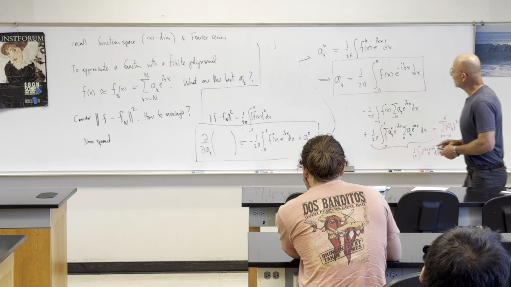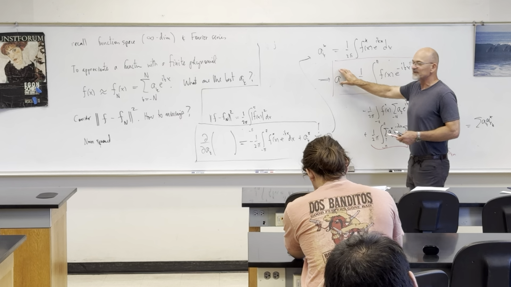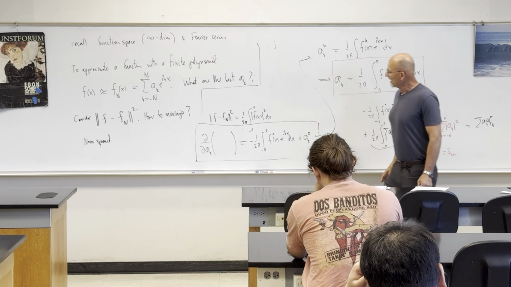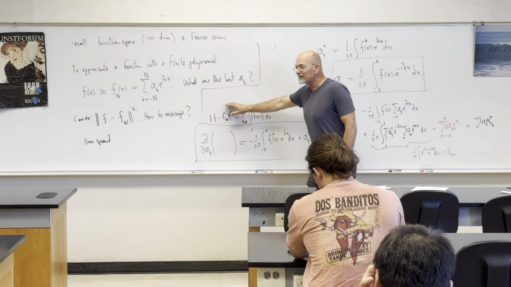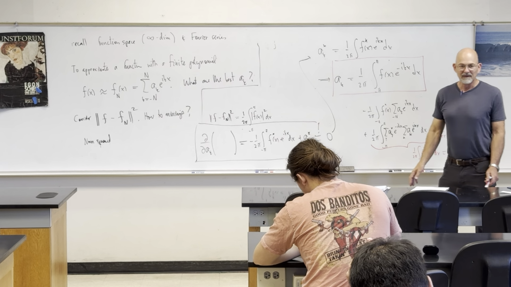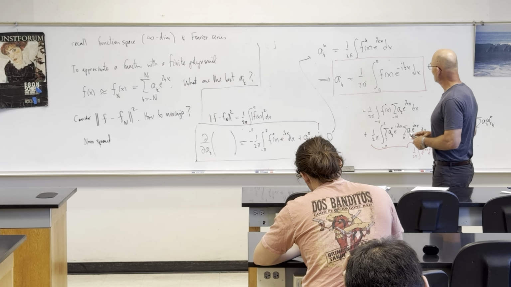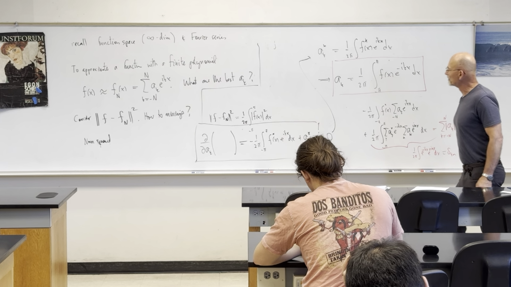So what we see now is that these Fourier coefficients, the good old Fourier coefficients, minimize the difference between that finite polynomial and the true function.